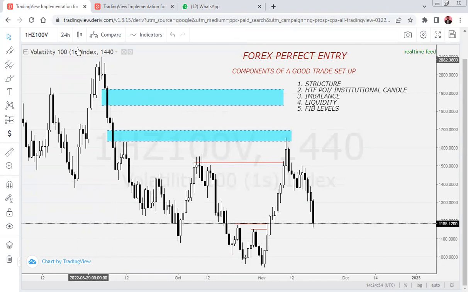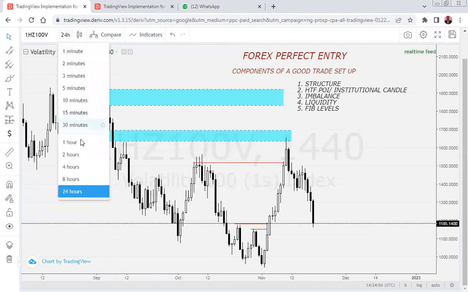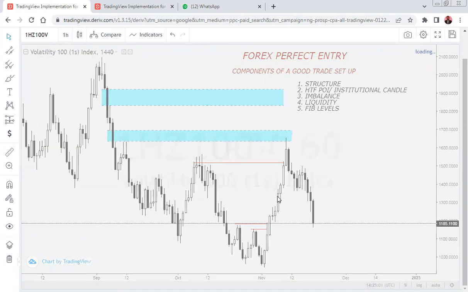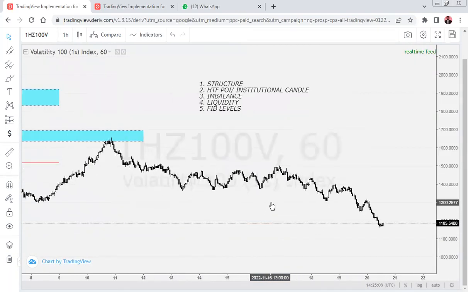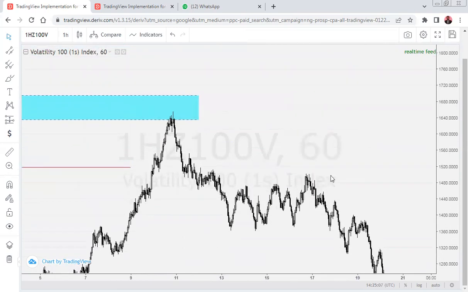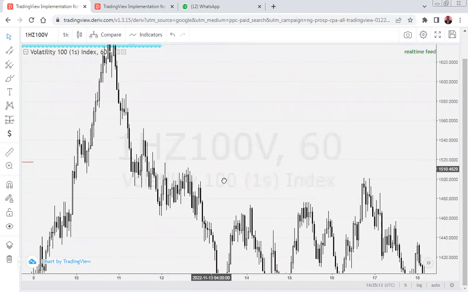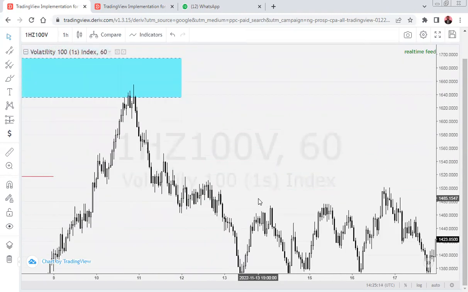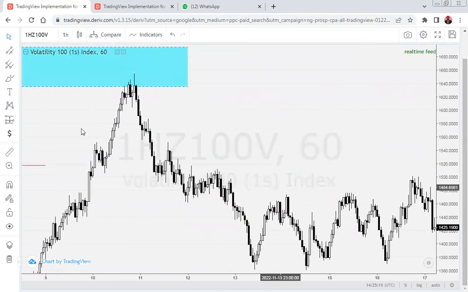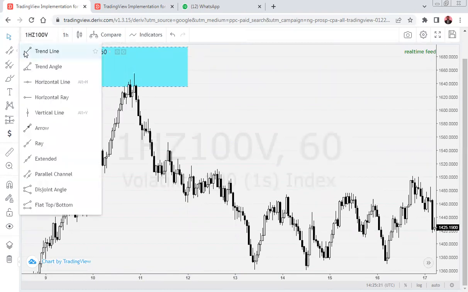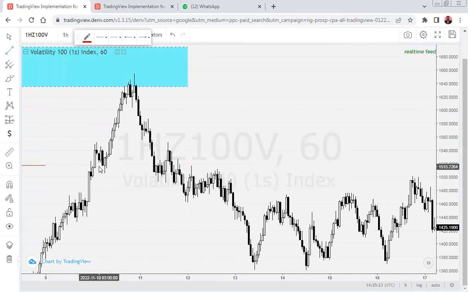All right, let's go to a lower time frame and see the plays we would have been able to get from this. All the plays that we have here, let's see how many plays we would have been able to get. Market came and gave us this. Market gave us this.